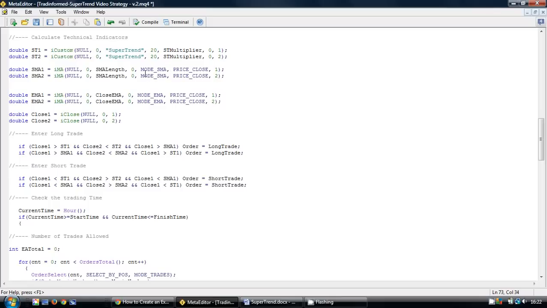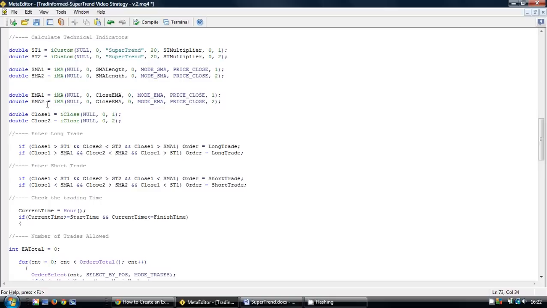In this case we're using the mode SMA. The length is defined by the SMA length, which again is one of our external inputs. We've told it to use the closing price, and again we're taking it from the previous bar, the completed bar.